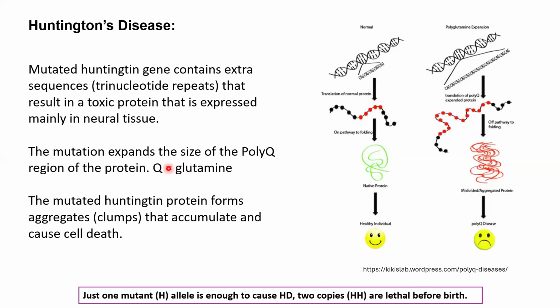If there are more glutamines in that region of the gene, the proteins end up accumulating too much, to a point where it's no good. The mutated Huntington proteins form aggregates, or clumps, that cause cell death when it gets too much to handle in the cells and the brain itself.